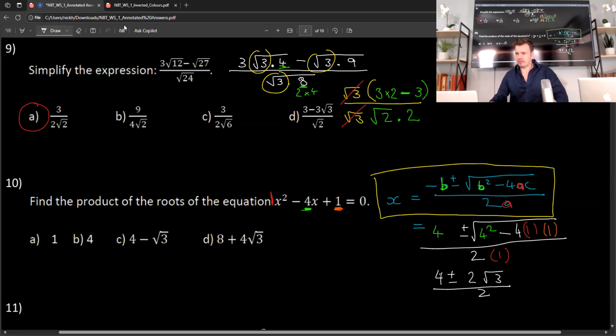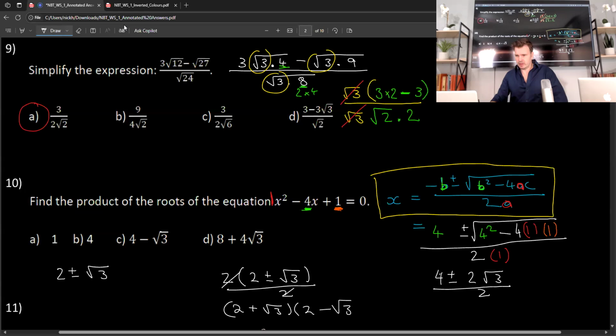Now when I divide by 2, if I take out 2 as a common factor here, I'll get 2 times 2 plus or minus root 3. And then if I divide both sides by 2, I get 2 plus or minus root 3. So my 2 roots will be 2 plus root 3 and 2 minus root 3.